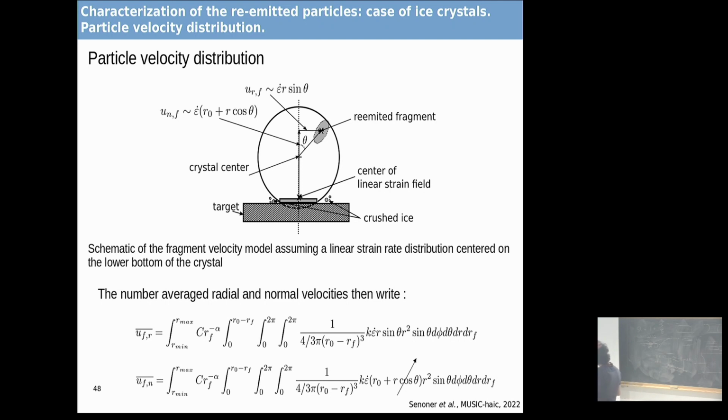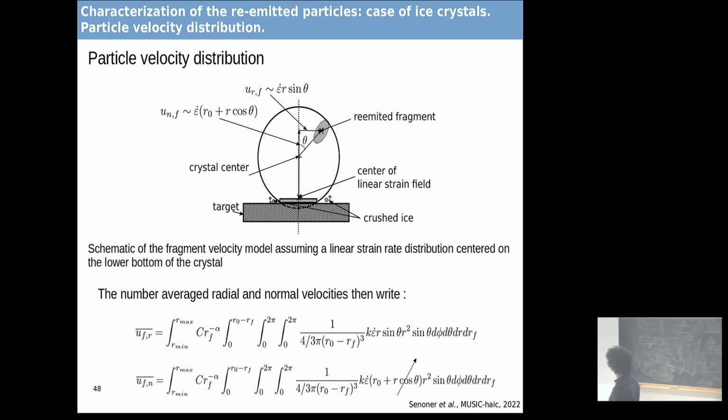A very few words on the particle velocity distribution. What we proposed is, as we have an estimation for the strain rate, which is a scale for time, we said that the velocity of re-emitted fragments of size r is given by this epsilon dot r, which is the scale for the velocity of the fragment which is re-emitted.